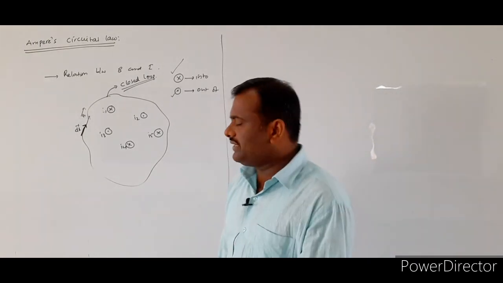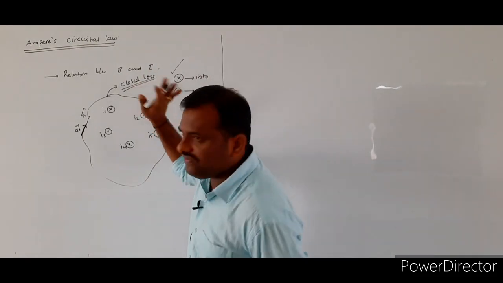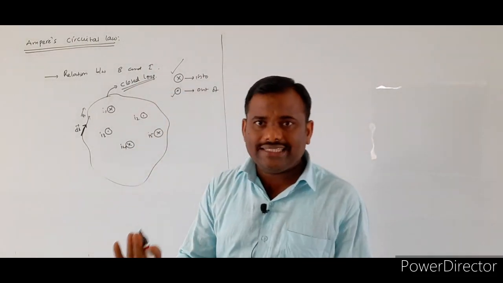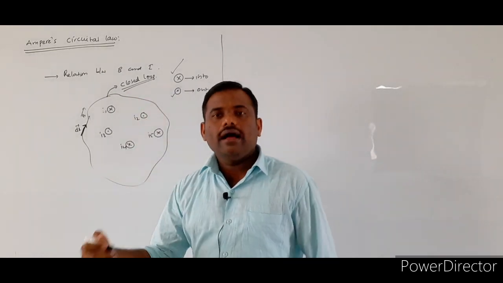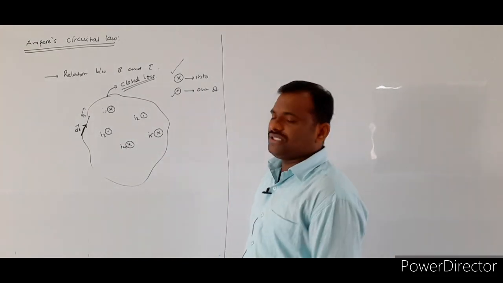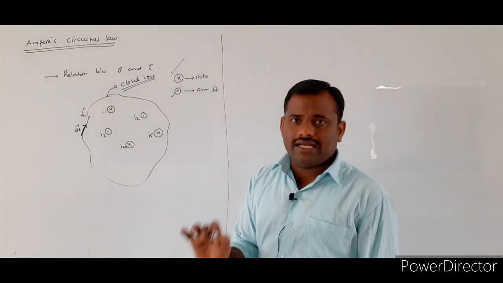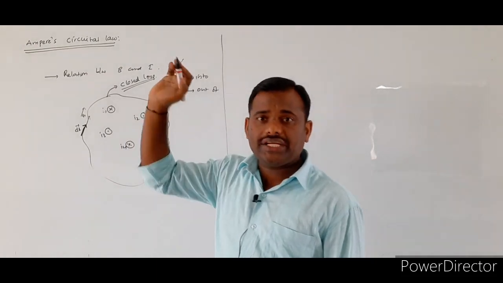Once again, this point we have to understand properly. First, what do we consider here? A closed loop is considered. In this closed loop, we are placing multiple current carrying conductors. Through the multiple current carrying conductors, different currents are passing. I indicate their directions also.